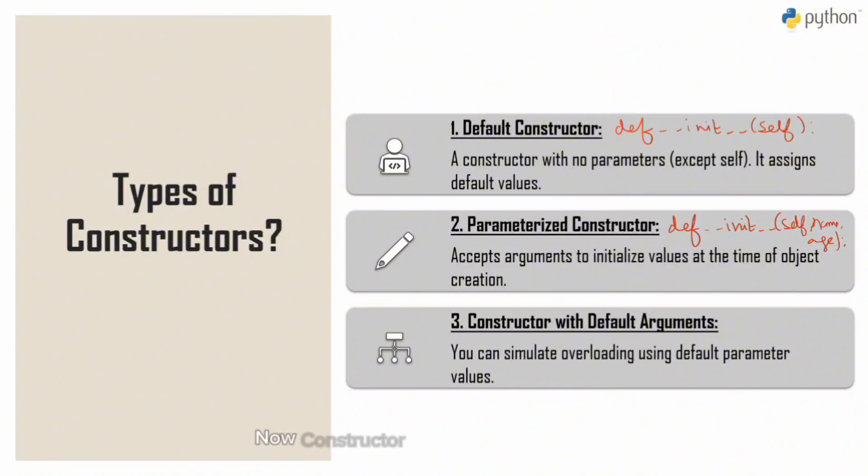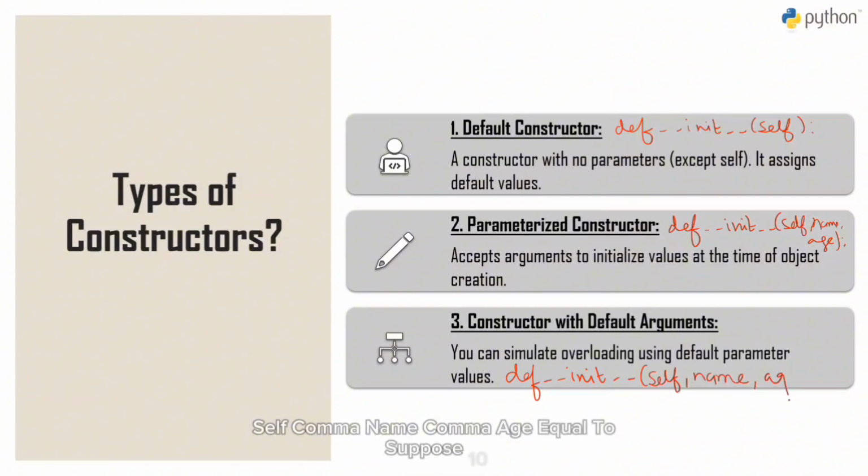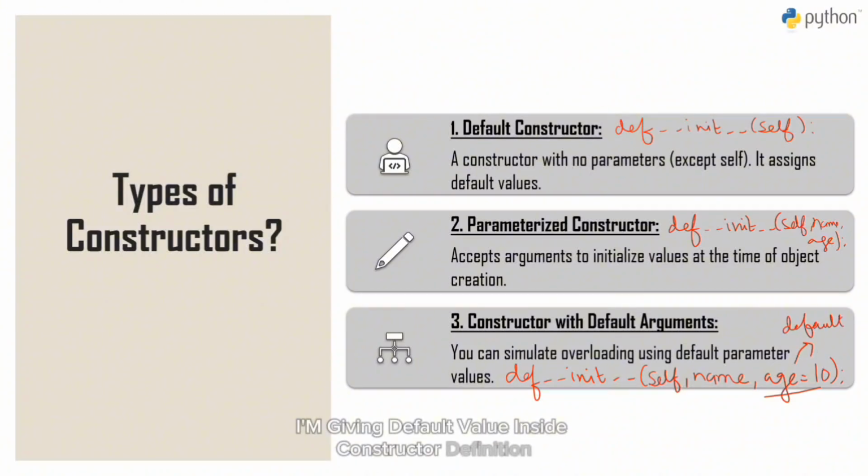Now, a constructor with default argument is a parameterized constructor in which we give a default value: self, comma, name, comma, age equal to, suppose, 10. So this age equal to 10 is the default argument. I am giving a default value inside the constructor definition. Okay.